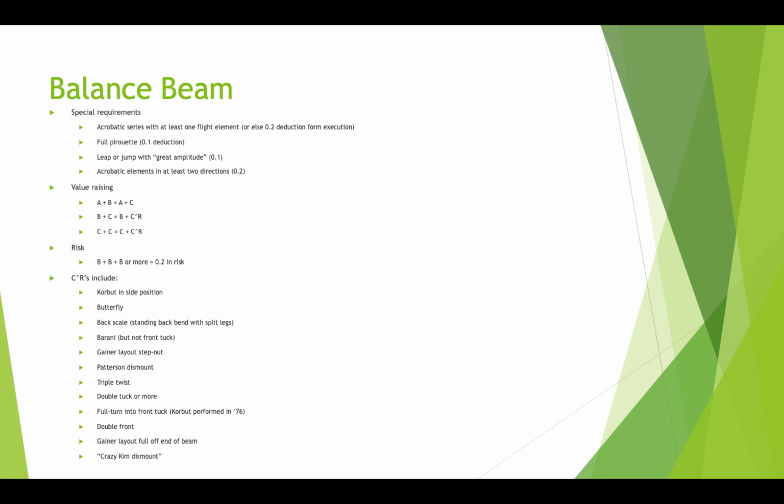Balance beam also used value raising in order to generate C and risky C skills. There was also a special criterion in order to get your 0.2 in risk if you did an acrobatic series of at least 3 elements that were at least Bs.